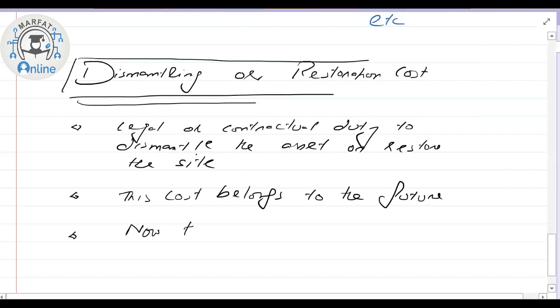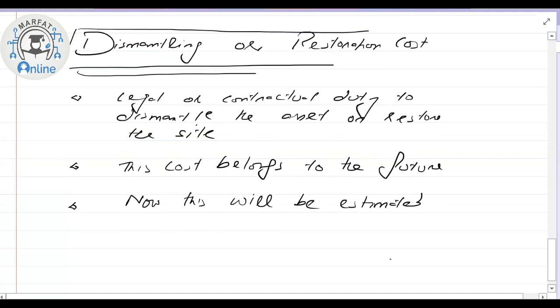Now this will be estimated. That means today you are going to estimate this expense, what amount you will be paying to dismantle this site after 5 years, for example.